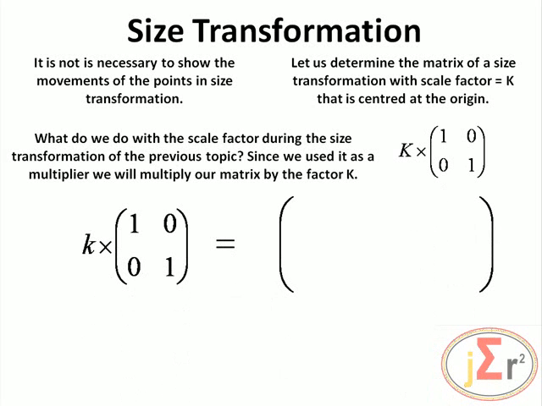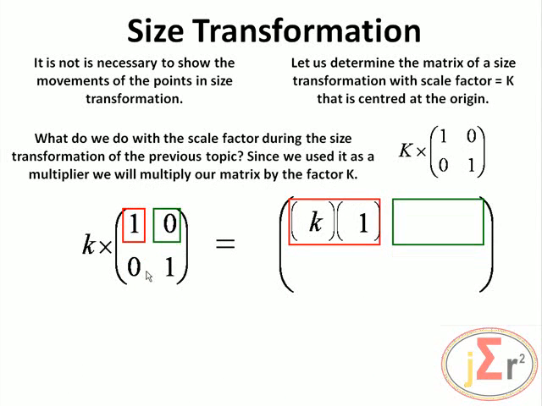So our original matrix is comprised, of course, of the points (1, 0) and (0, 1) written as the columns of a 2 by 2 matrix. And k is multiplied by that. Of course, k is going to be multiplied by every single element of the matrix.